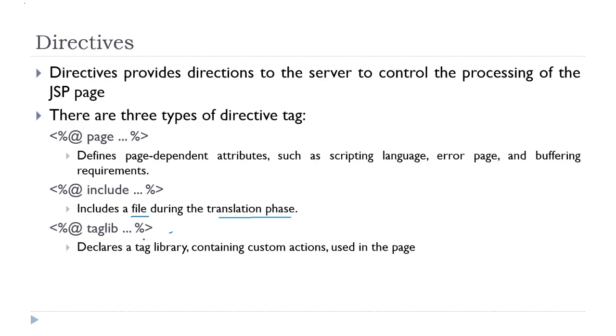And the taglib directive is used to declare a tag library which contains some custom tags. If we want to define some tags of our own, then we can define those tags and use them in our JSP page using the taglib directive.